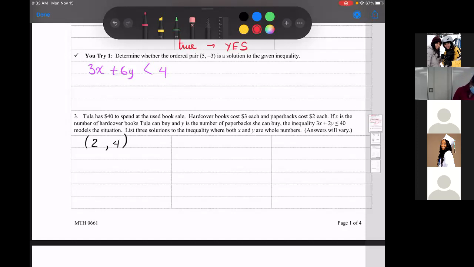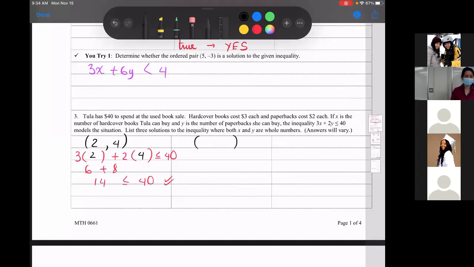Plug it in: 2 for x, 4 for y. 3 times 2 is 6, plus 8, which is 14, right? 14 is less than 40, so yeah.